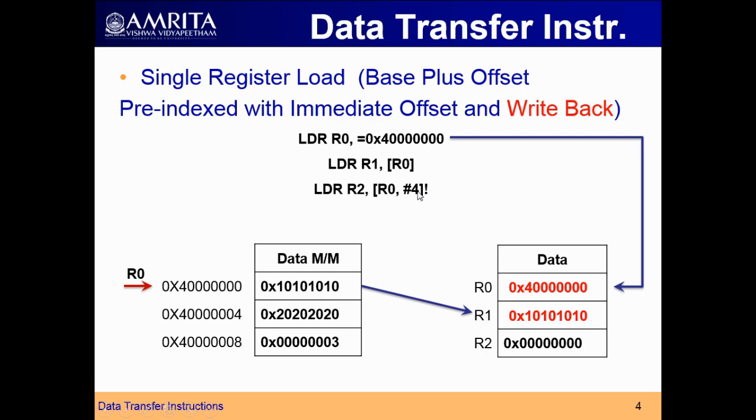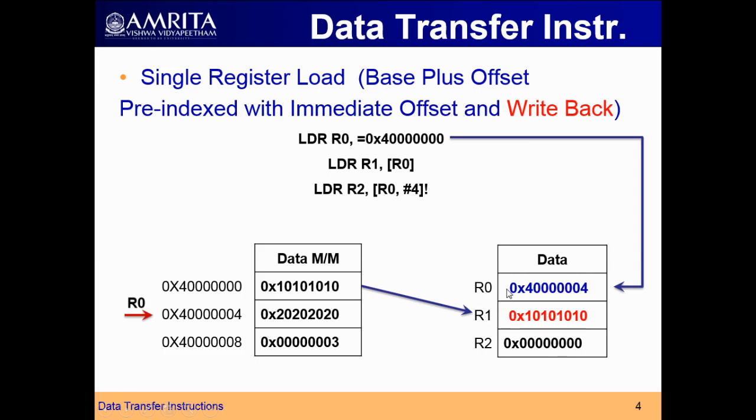Once the indexing has taken place, the base address stored in R0, that is 4000, will be added with 4. R0 will increment to 4004, but one more operation will take place. The content of R0 will be updated with the new address. That is known as write back.